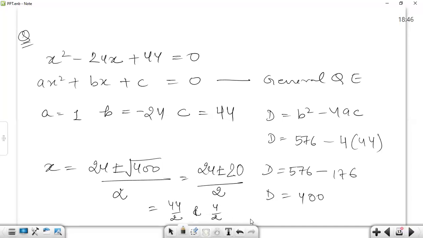So this will become 22 and 2. These are the two roots. Simple. Any doubts using the Sridharacharya formula? No doubt, sir.